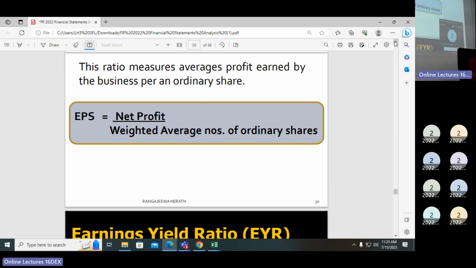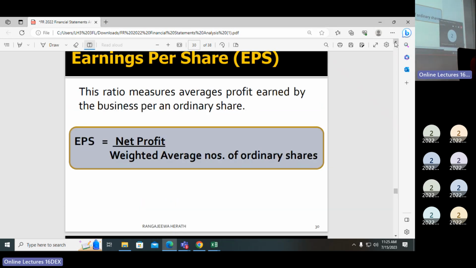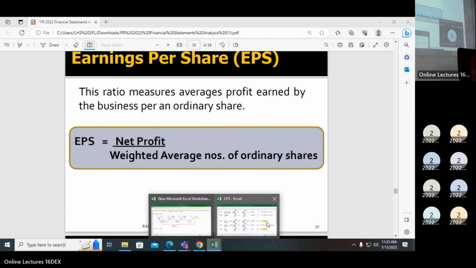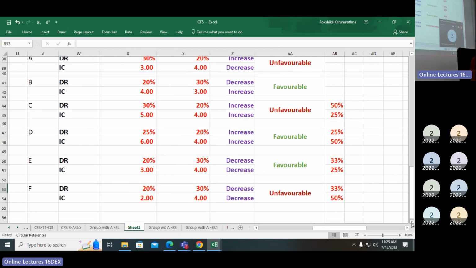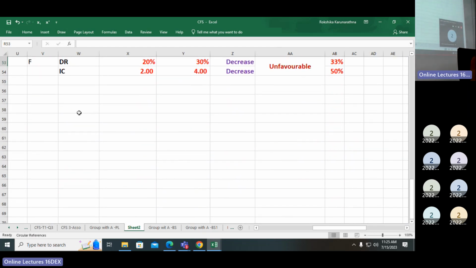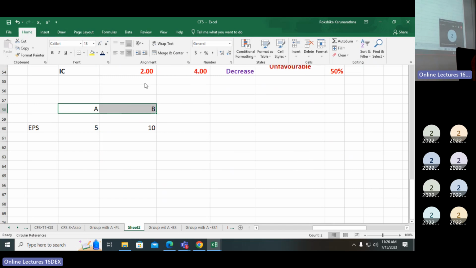Then the problem with earning per share is, especially when you are comparing two different entities for investment, A and B. You consider two entities and want to take the decision. Earning per share, 5 rupees for A, 10 rupees for B. So based on earning per share, you might say B is better.